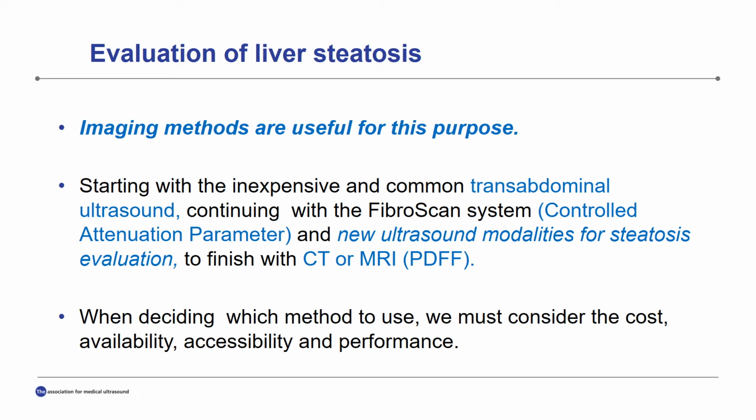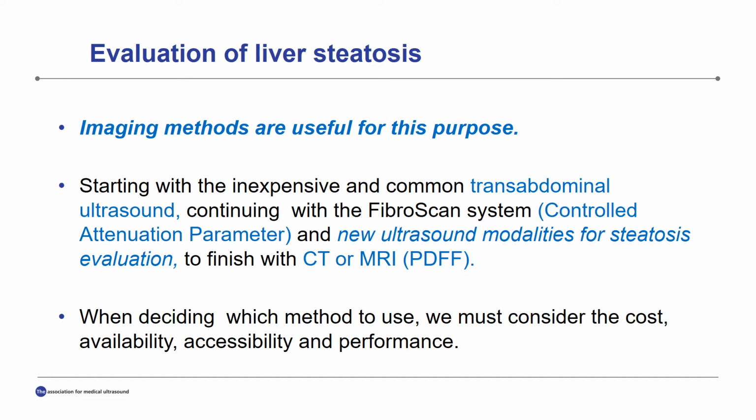Then how do we look for this fatty liver? The main methods are imaging methods. We can start with a very simple imaging method, transabdominal ultrasound, then go to the FibroScan system that has the controlled attenuation parameter inside, then the new modalities of quantification by ultrasound that have been on the market for 1 or 2 years, and finish with CT or MRI-PDFF.